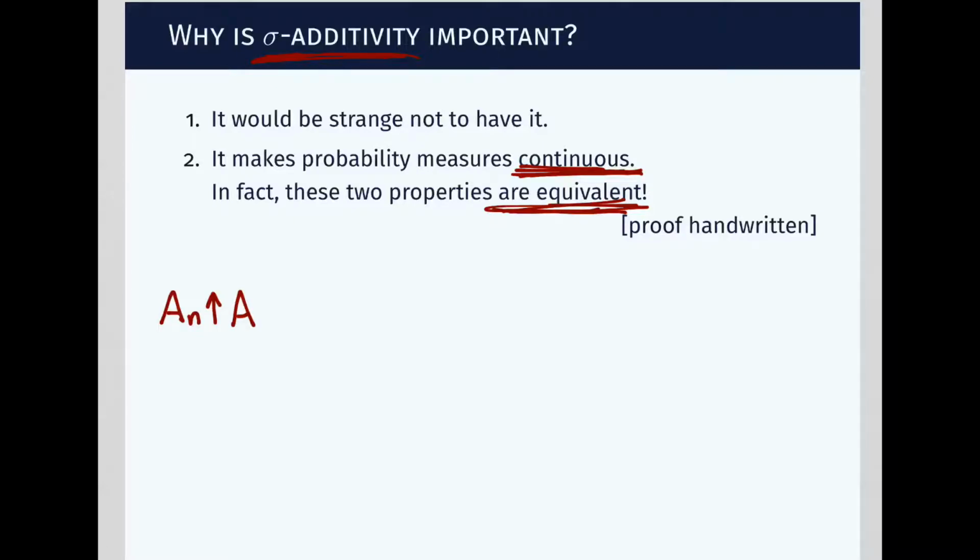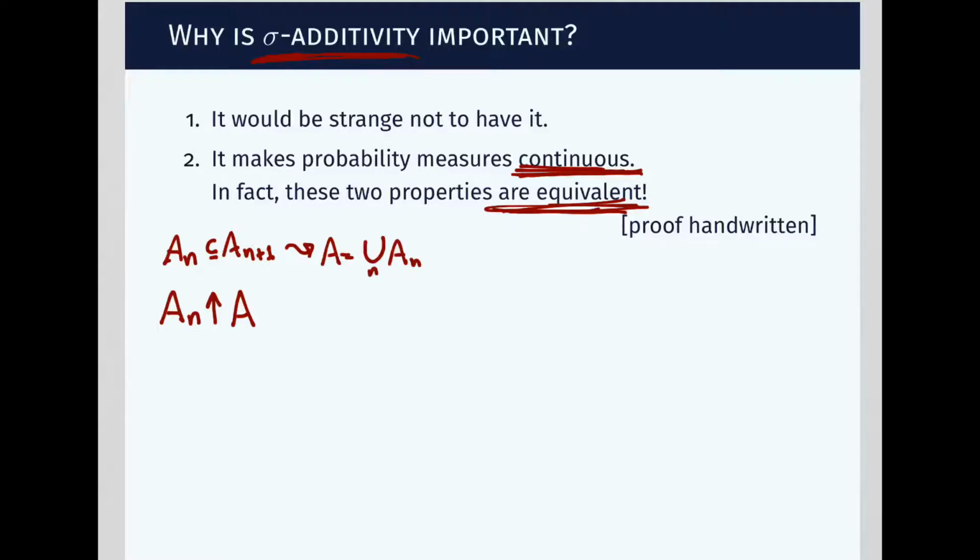So suppose we have an increasing sequence of events. Increasing means A_n is contained in A_{n+1} for every n. When we write that it increases to A, that means A is the union of all these events.